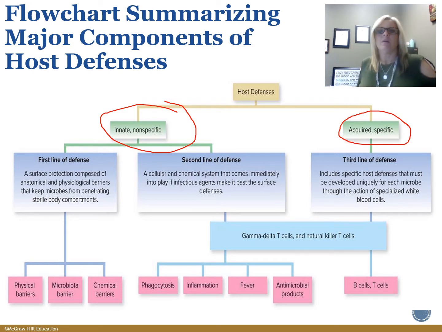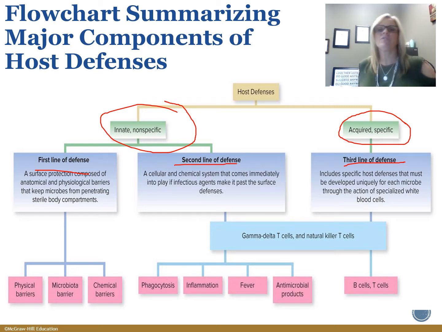These are things that we acquire, that we pick up along the way. All right. And then these can be further divided into our first line of defense, our second line of defense, and our third line of defense. Okay. And this is going to be the most complex and responsible for very specific immunity against specific pathogens.